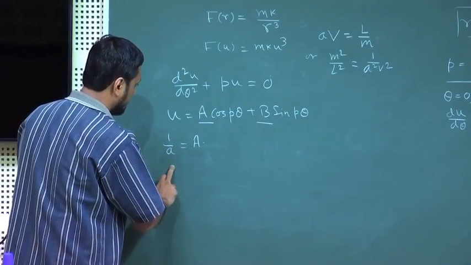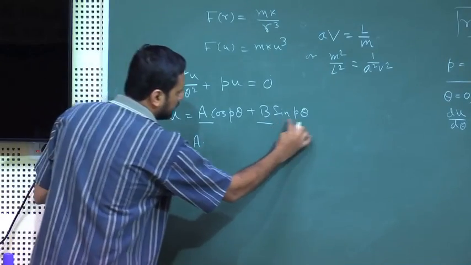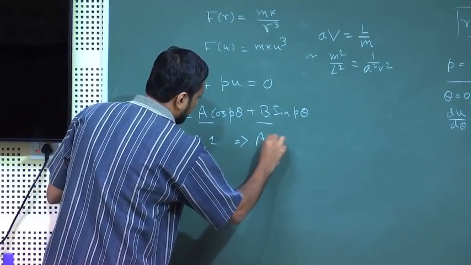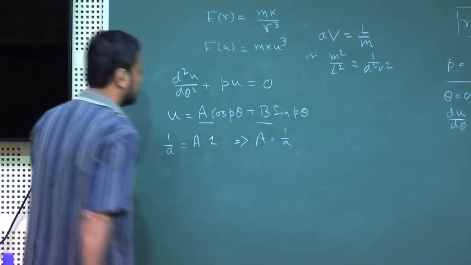u equal to 1 by a. So, if you put theta equal to 0, this term goes and this will give you 1, which will give you a equal to 1 over a.